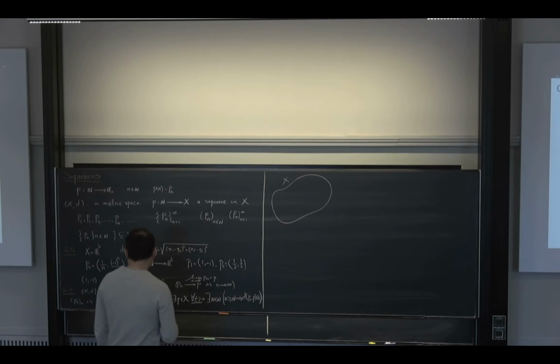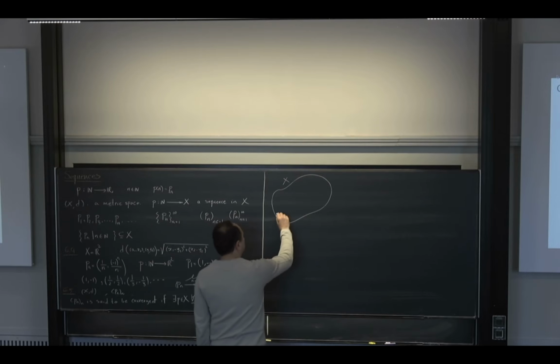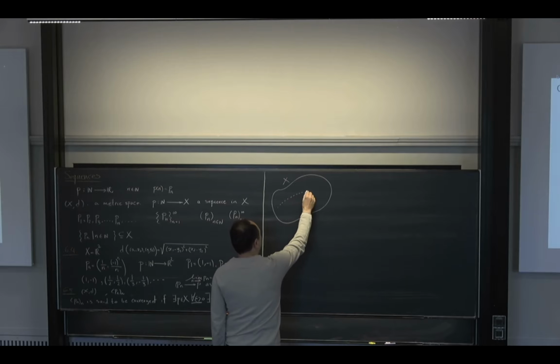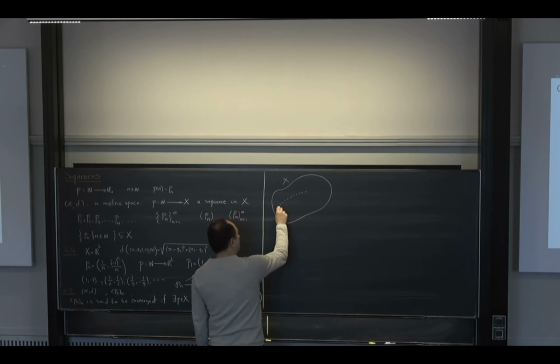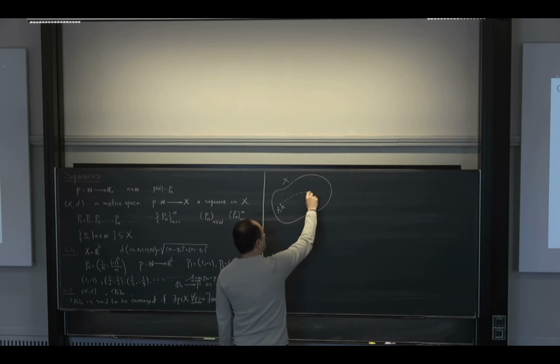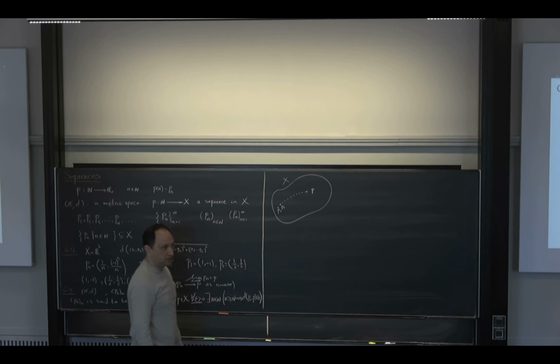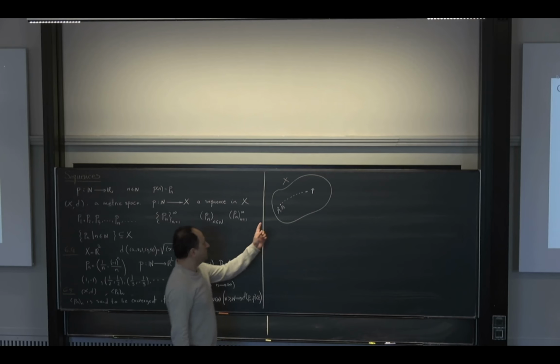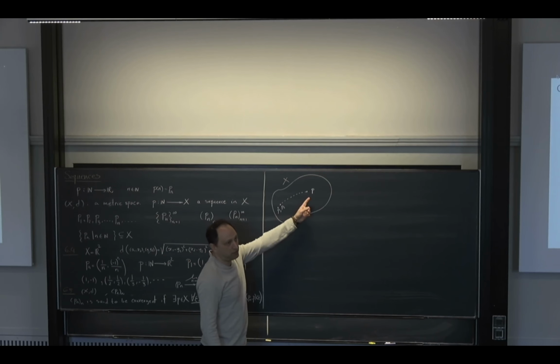And then what do I have? I have a sequence. Okay, I have a sequence, for example, this is P1, this is P2, and then I have a point P there in X. What do I mean by this sequence converging to P?